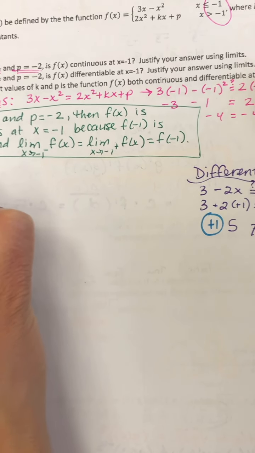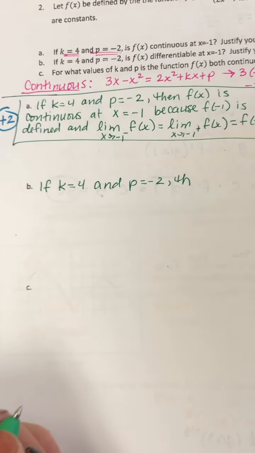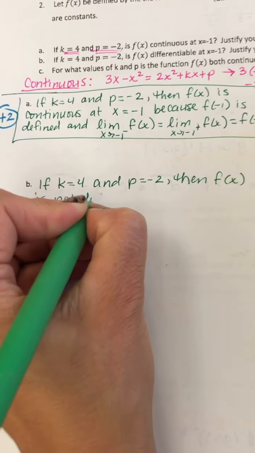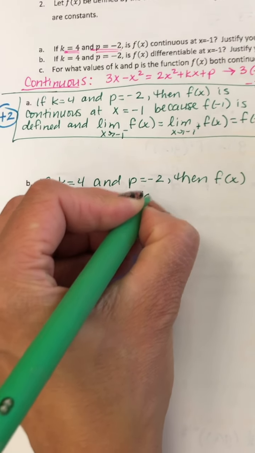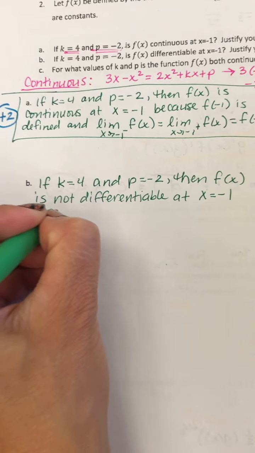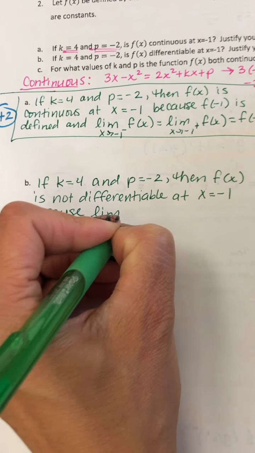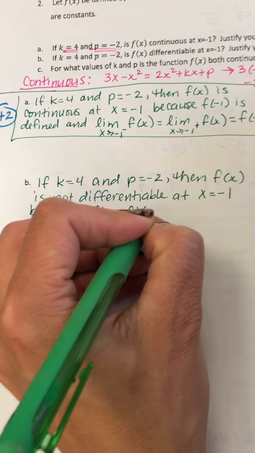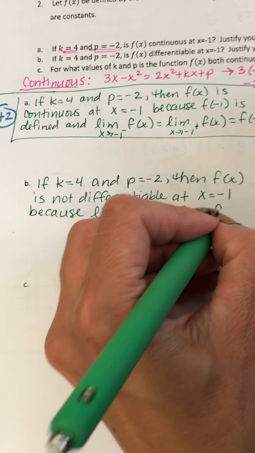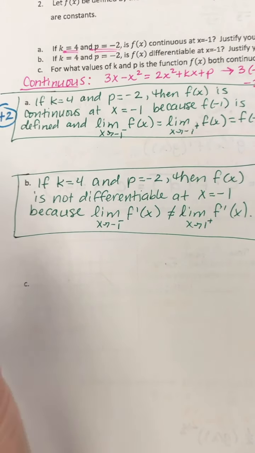So we can say if k equals 4 and p equals negative 2, then f of x is not differentiable at x equals negative 1 because, and this is where our limit statement comes in, because the limit as x approaches negative 1 from the left of f prime of x does not equal the limit as x approaches negative 1 from the right of f prime of x. And you would get a point for that write-up.